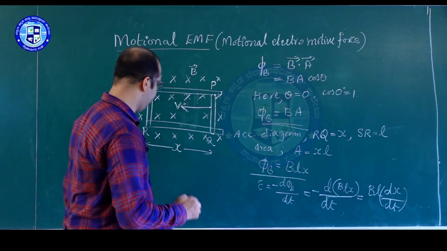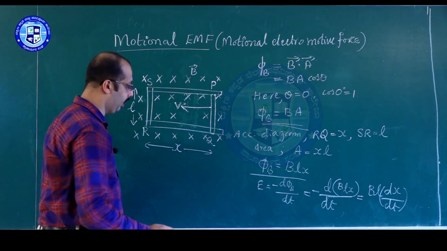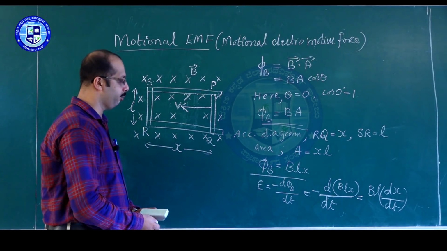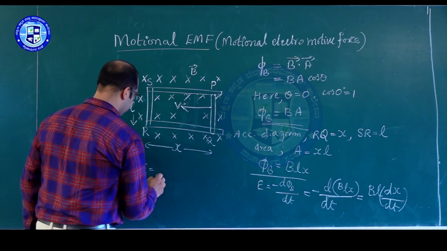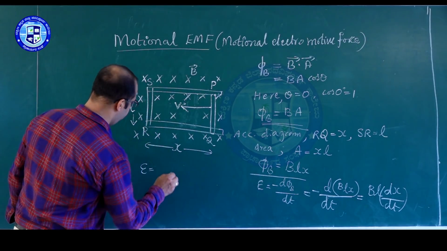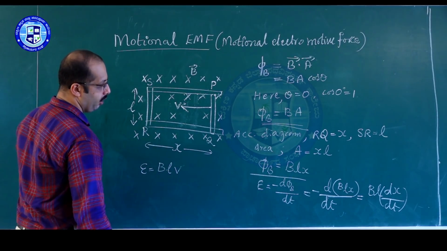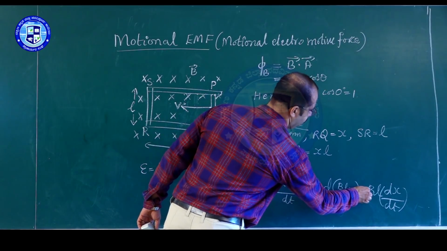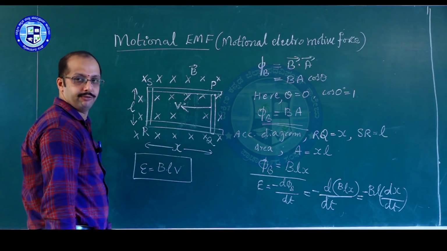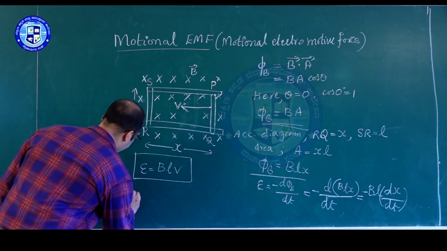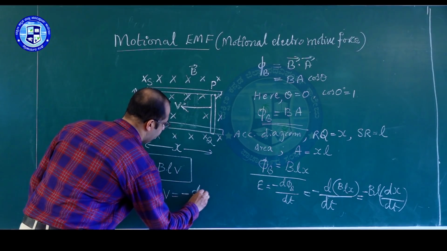Now I write here, so the induced EMF can be written as E is equal to B L into V, with a negative sign here. So this is the expression for motional EMF, right? Here V is equal to minus dx by dt.